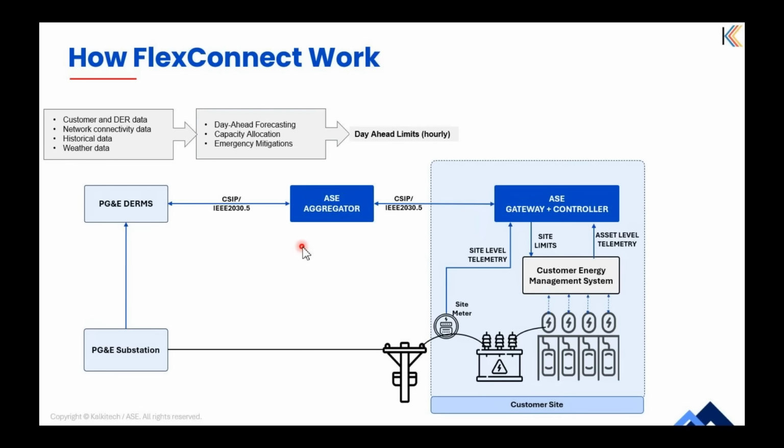ASC provides secure communication and on-site intelligence through our aggregator and the gateway. The customer's EMS, or the DERs, or the EV chargers execute the control and send the telemetry back to the utility for compliance. So ASC acts as the essential technological bridge enabling this entire dynamic operation.